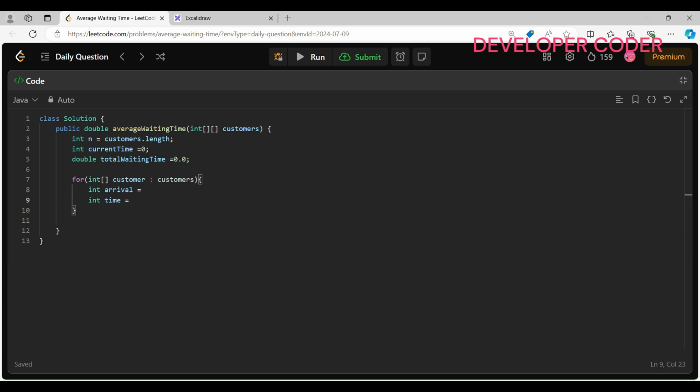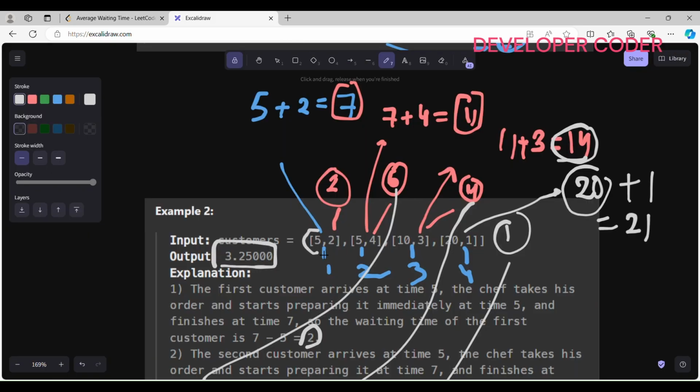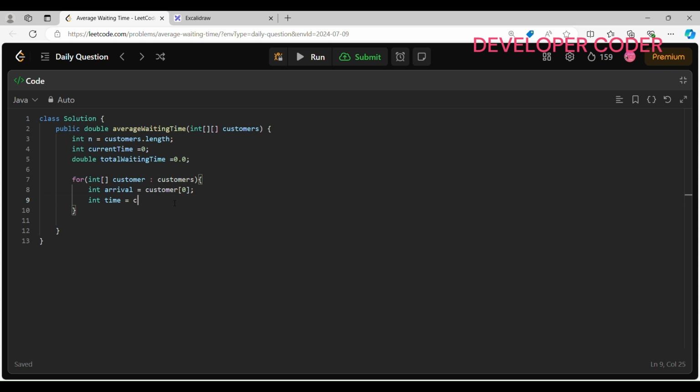So arrival is nothing but customer of 0, and time is customer of 1. Okay, that's it.